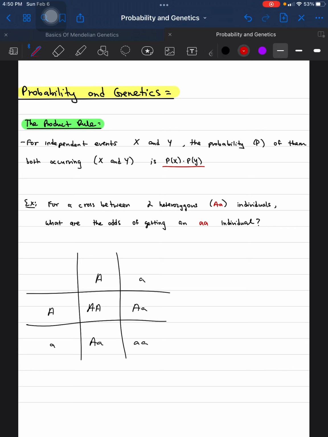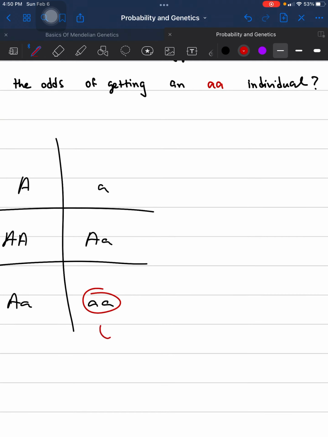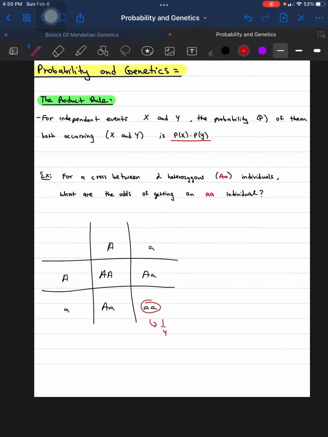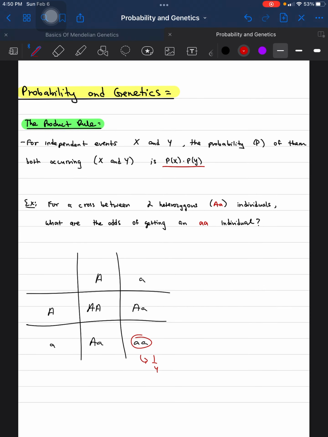Based off of this monohybrid cross, right here, it's lowercase, so it's 1/4, right? A 1/4 chance of making a homozygous recessive individual.